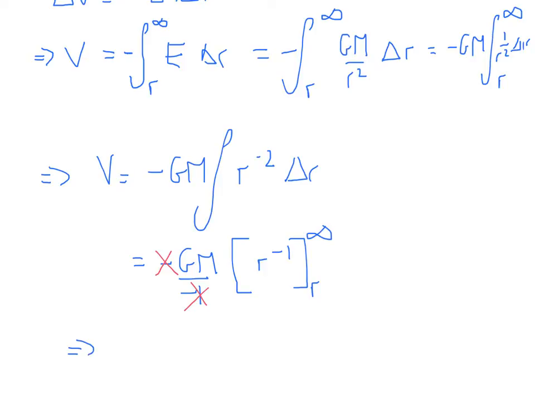So this means that V is equal to Gm brackets 1 over infinity minus 1 over R.